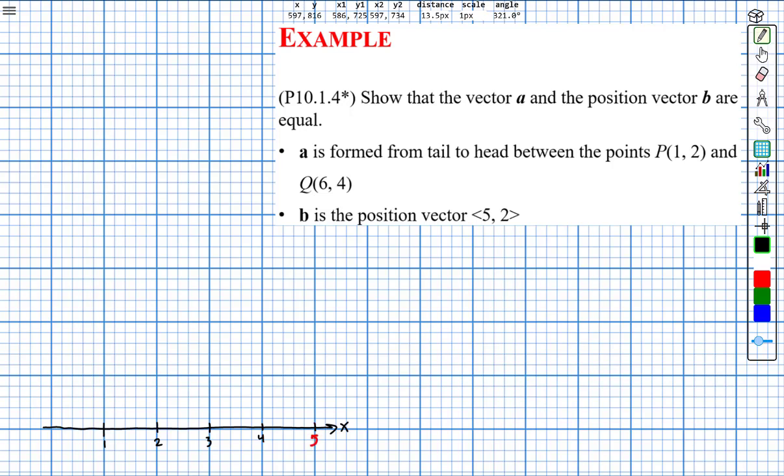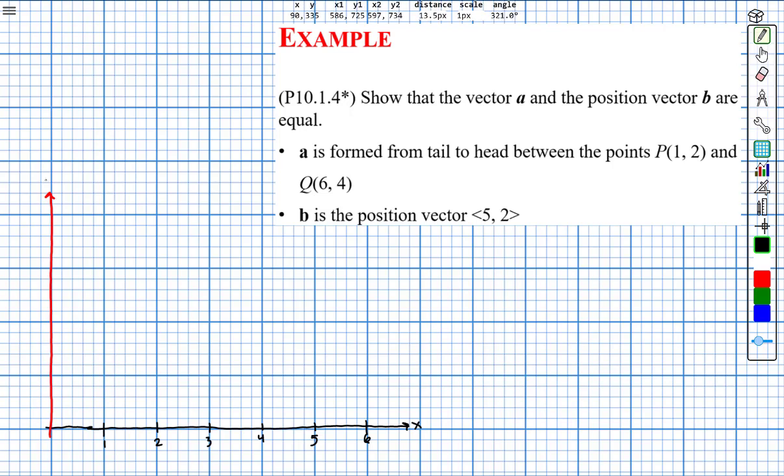Actually, I think we need to go out to 6 units along the x-axis because I see that the point Q is at coordinate 6, 4. So I'm going to just redraw my x-axis to give myself more space to add things to the same graph. So here's my x. We're going out at least 6 units. Now my y-axis, since the point Q has a coordinate 6, 4, I know I need to go up at least 4 units on my y-axis.